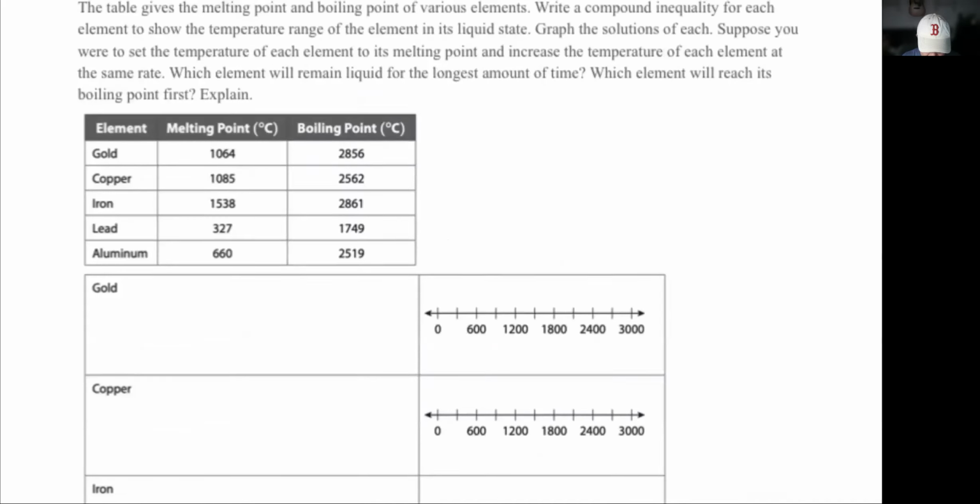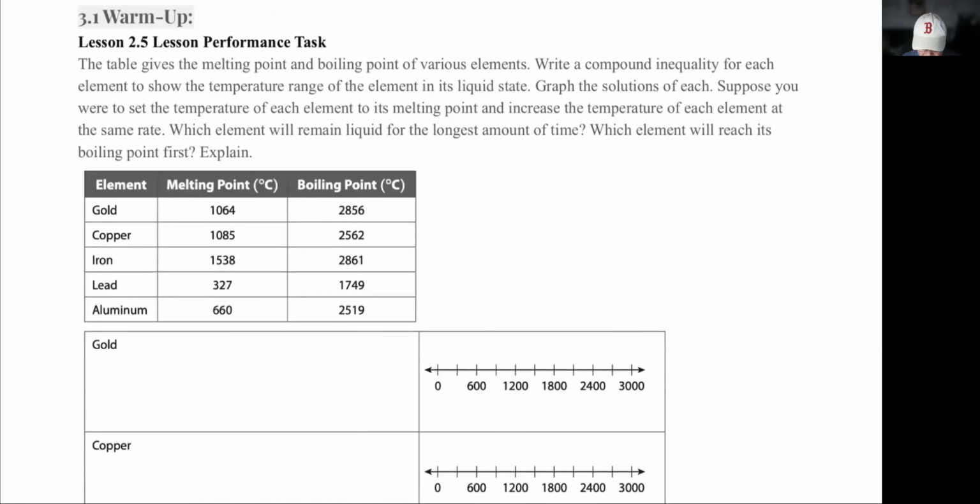Okay, the main thing that I want to talk about is actually the physics of this. Now, this is a melting point, and this is the boiling point. So after it boils, it becomes gaseous. Below the melting point, it is solid state, right?